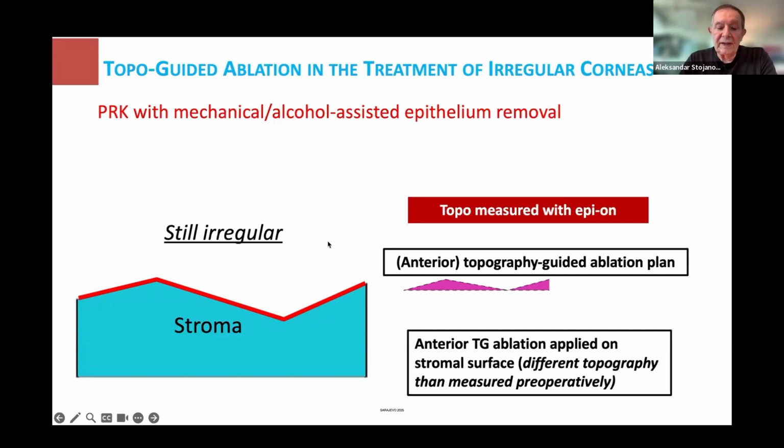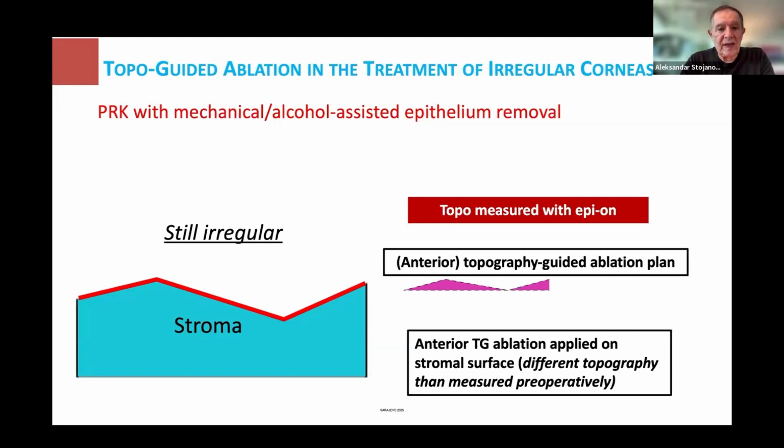And why is that? It's because we have thrown away the action of the epithelial remodeling, which was smoothening the cornea already. So we have thrown away the natural smoothing of the cornea and now only applied our topo-guided ablation, which only partially can reduce the irregularity.